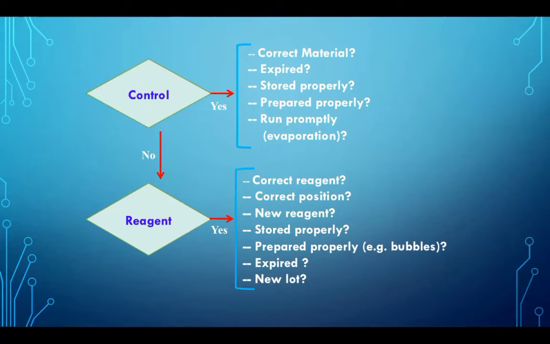After bringing this to room temperature, you are keeping that Eppendorf tube open, run promptly. Otherwise, what may happen, some part of that control will get evaporated. When this gets evaporated, you will get higher results. You have to see all these things.